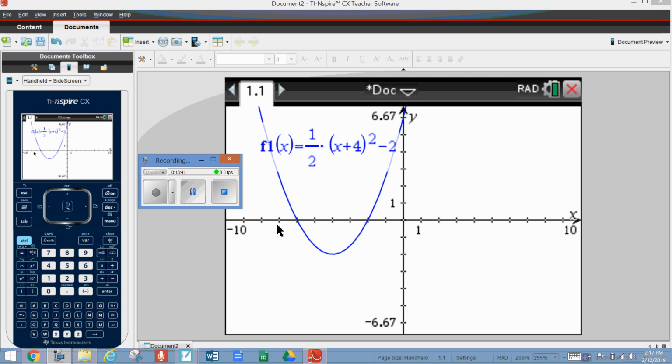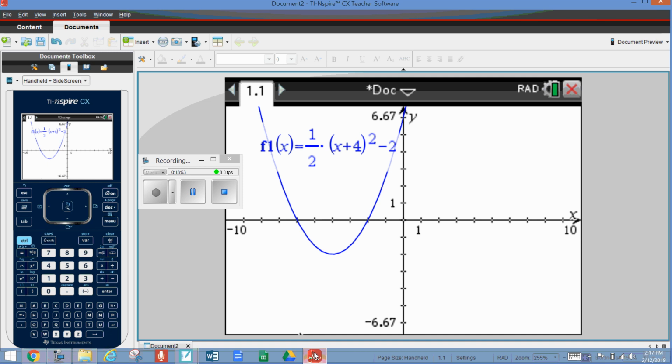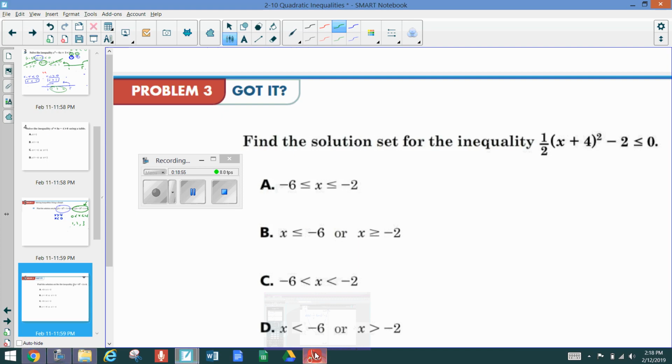We're going to get below the sea level. What are the numbers? Negative 2, 3, 4, 5, negative 6. In between negative 2 and negative 6, right? Negative 2 and negative 6. Which is the right answer? Which one is in between negative 2 and negative 6?